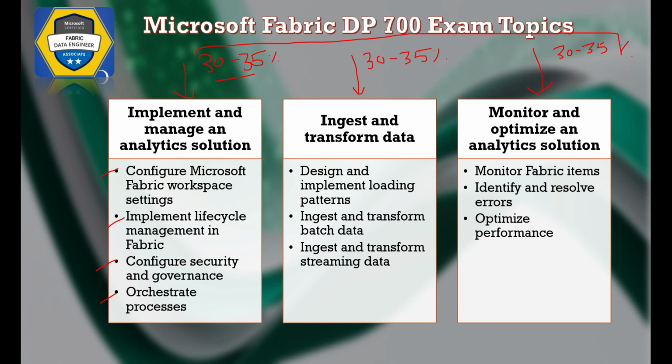And coming to the ingest and transform data, which is again 30-35% of the weightage given to this topic in the examination. Here we see design and implement loading patterns.